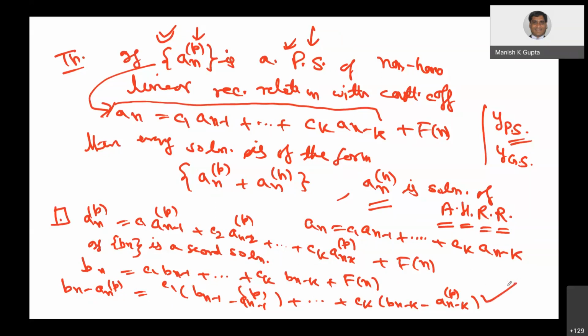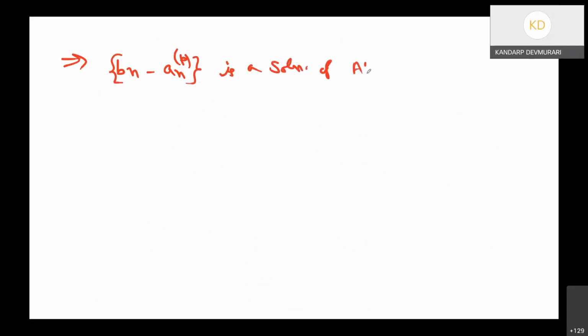This implies that b_n minus a_n^(p) is a solution of the associated homogeneous recurrence relation, and we call this solution a_n^(h) because it satisfies this equation.